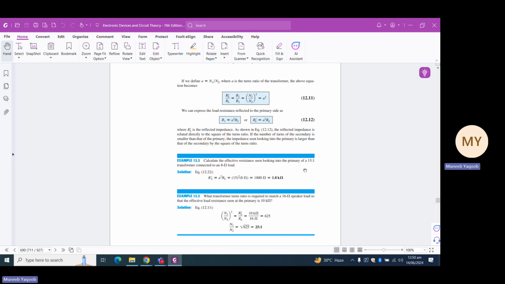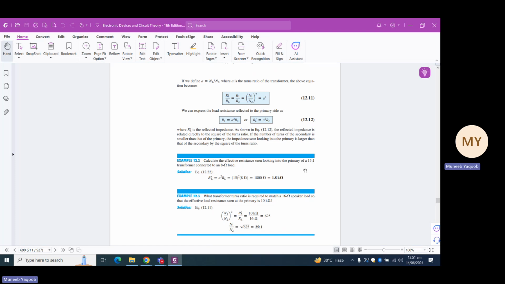So RL is 8, turn ratio is 15:1, that is 15, and we need to calculate the RL dash resistance, that is the input resistance. So input resistance RL dash is equal to A squared times RL. Since A is 15, it is 15 squared times 8, that is 1.8 kilo ohm.